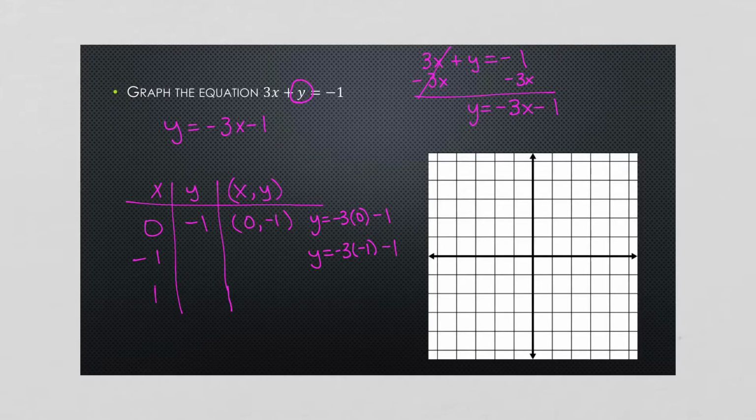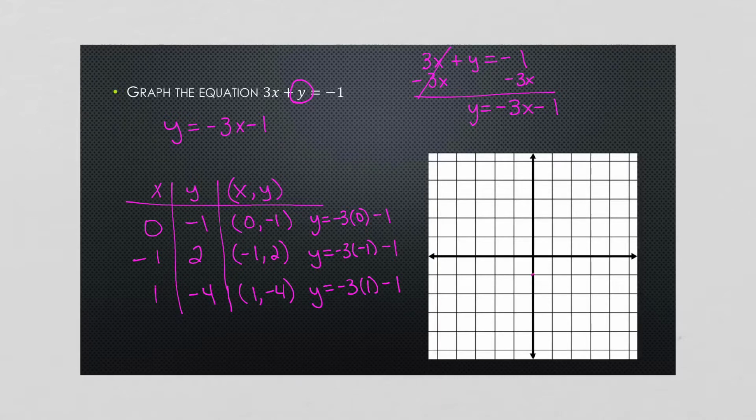Negative 3 times negative 1 is positive 3. 3 minus 1 is 2. And on this last one, y is equal to negative 3 times positive 1 minus 1. Negative 3 times positive 1 is negative 3. Negative 3 minus 1 is negative 4.